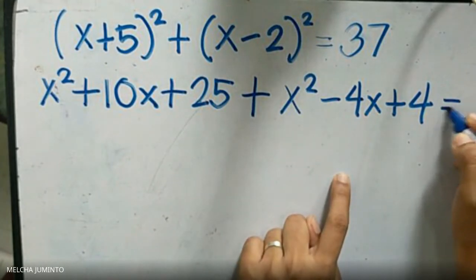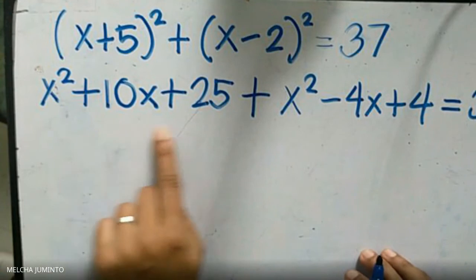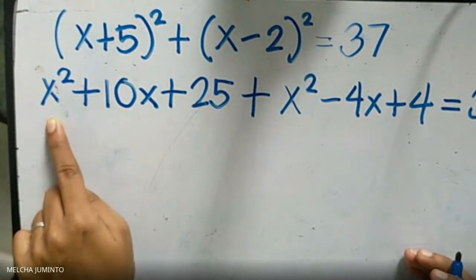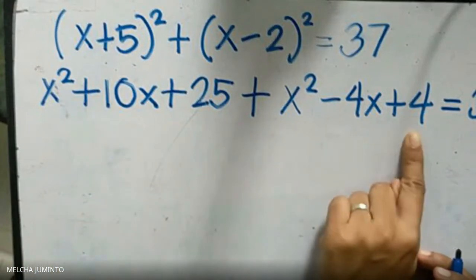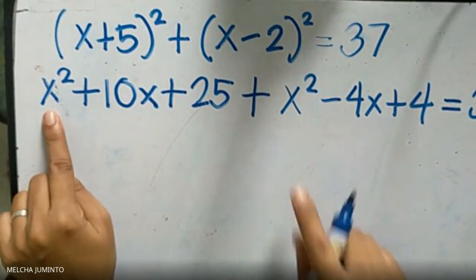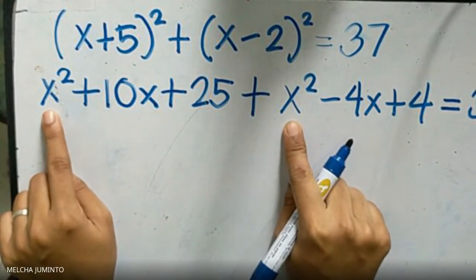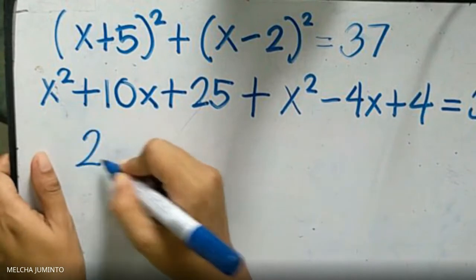Then, copy equals 37. Now, we have 6 terms on the left side. Those 6 terms can be simplified by combining those terms which are similar. The first terms which are similar are x squared and x squared. So x squared plus x squared will give us 2x squared.